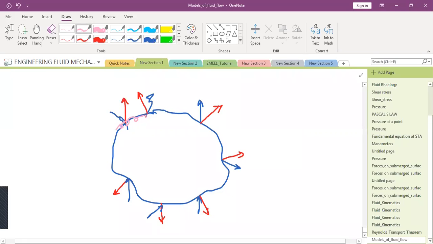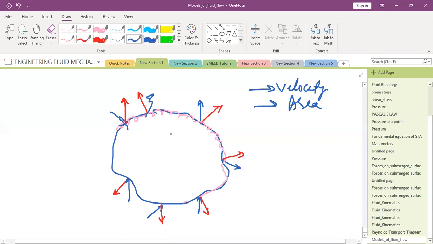This was the control volume, what you are seeing here. This control volume had many inlet points and many exit points. The blue arrow represents the velocity vector, and the red arrow represents the area vector.